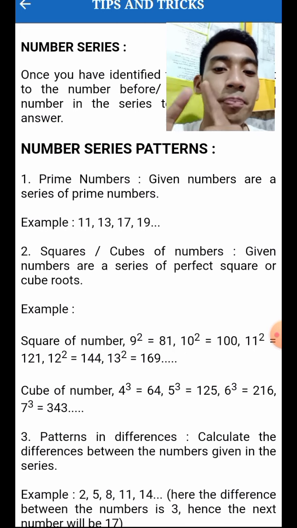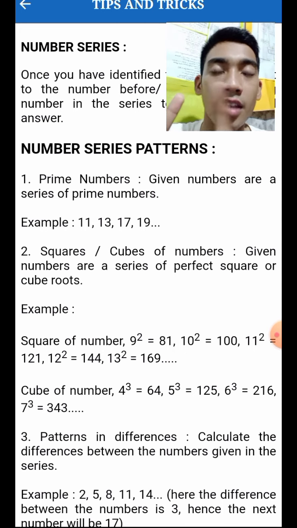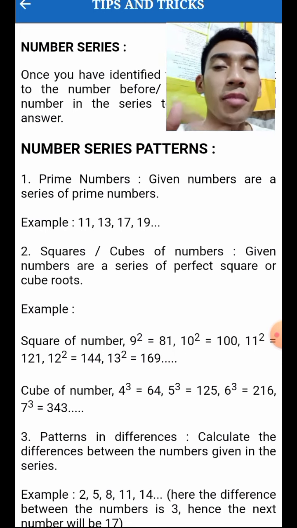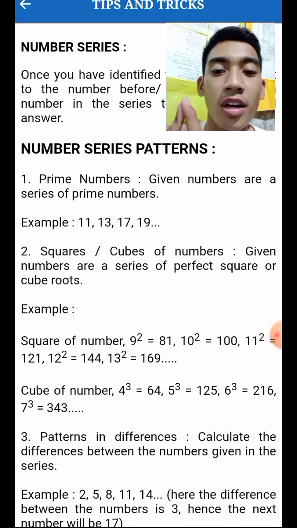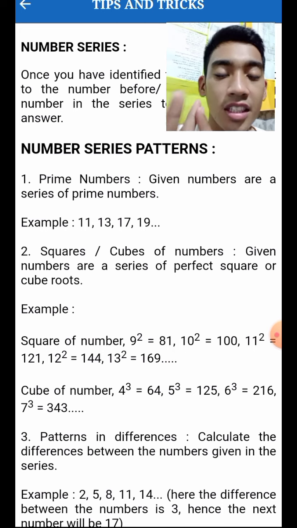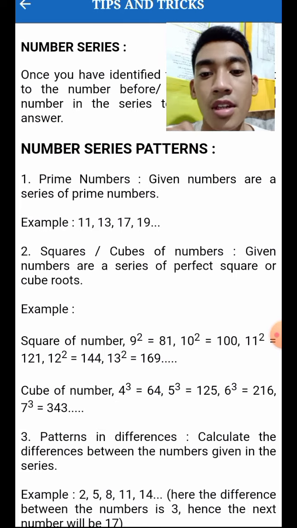So 3 times 1, 5 times 1, 7 times 1. 8 cannot be prime because there is 8 times 1 and 4 times 2, so 8 is not a prime number. 11 times 1, 13 times 1, 17 times 1, 19 times 1. Those are the prime numbers.